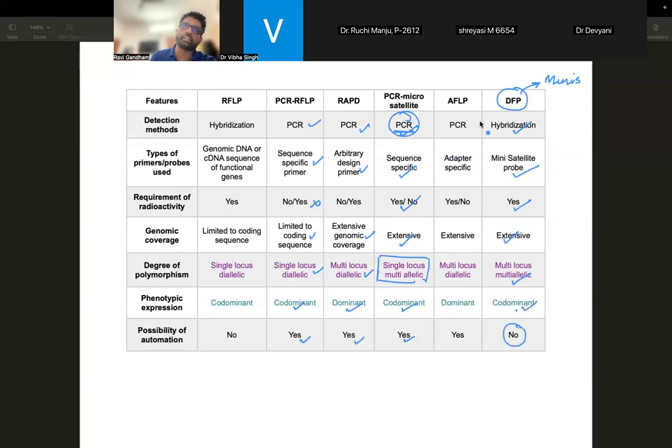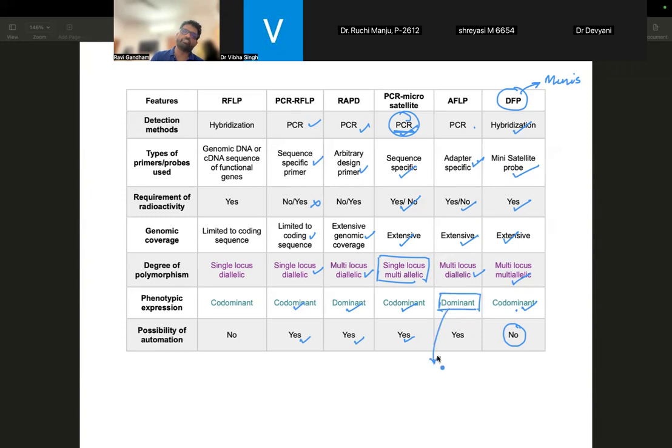This is codominant. AFLP again, the primers are adapter specific, I told you. Yes or no. Extensive usage. This is again multi-locus, right? Diallelic. And whereas here you have a dominant marker. Why is it dominant?